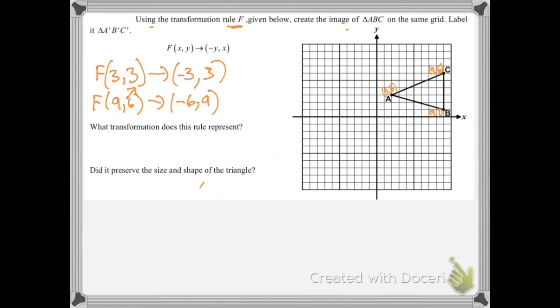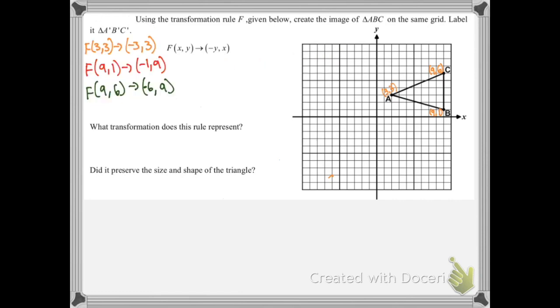Lastly, you have f of 9 comma 1, and that becomes negative 1 comma 9. Okay, so now that I have my points, I'm actually going to graph my triangle.